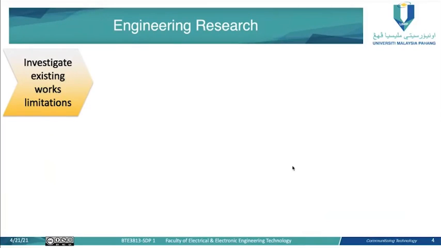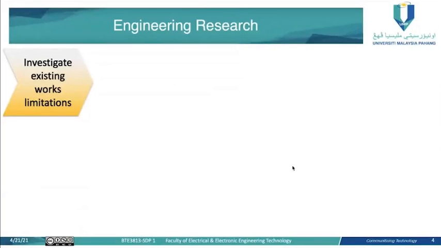But in our engineering research, our focus is more on systems, hardware, and software. It's not directly related to human reaction, human answers, or information collected from humans, but depends more on hardware and software.